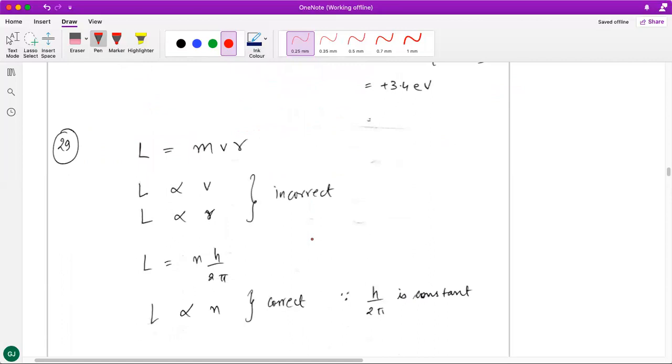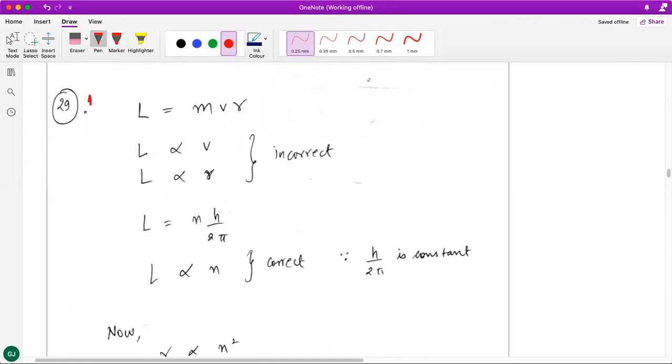Okay. 29th question is a good question. It teaches you something else apart from the regular knowledge that we have gained in the class. So observe here. When I look at this formula of angular momentum, L is equal to mvr. Can I say L is directly proportional to V or L is directly proportional to R? The answer is no. Why?